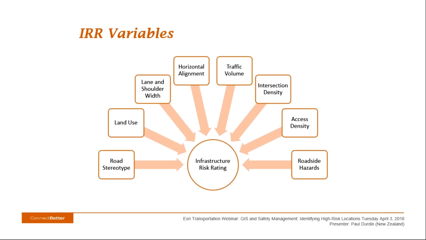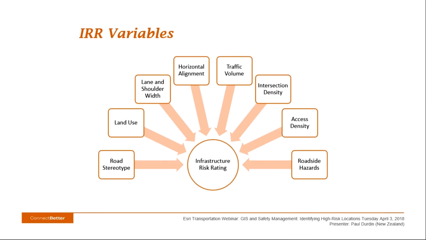IRR is a simplified version of star ratings. It is based on 8 key road features and operating situations that have been identified through research as having the biggest impact on road safety. So these are the road stereotype, so that is whether or not the road is divided or undivided.